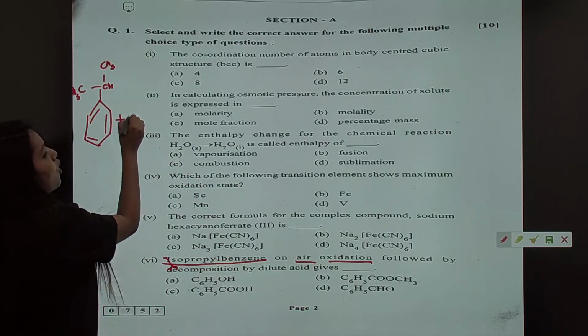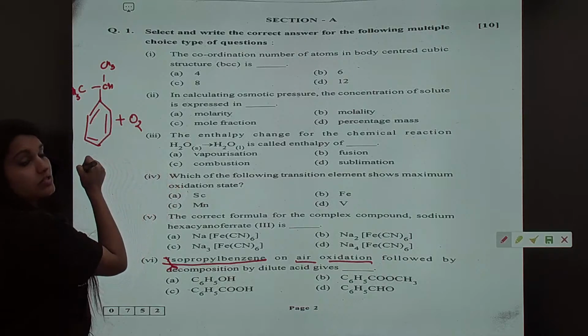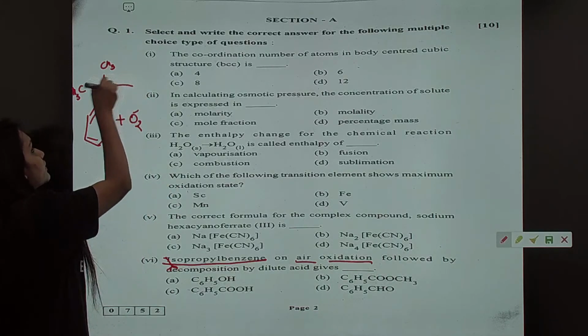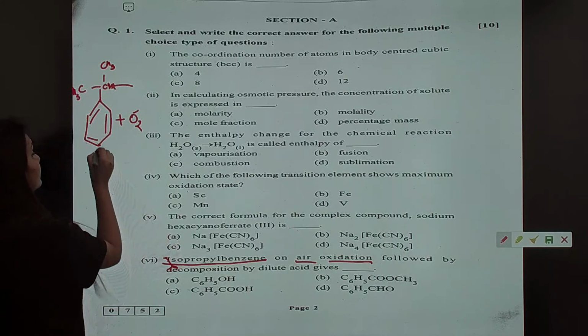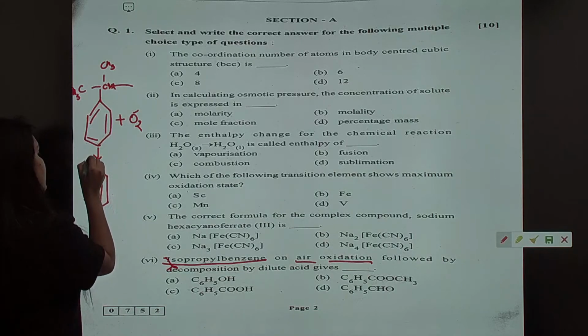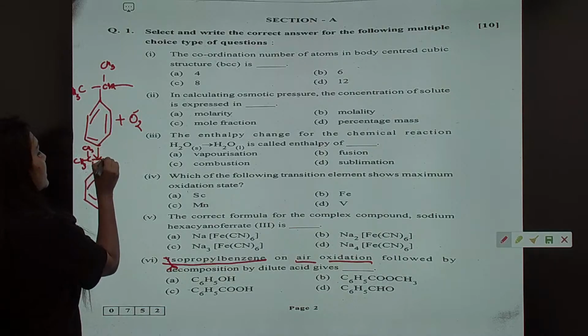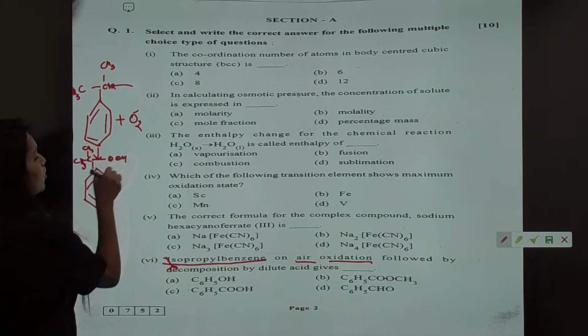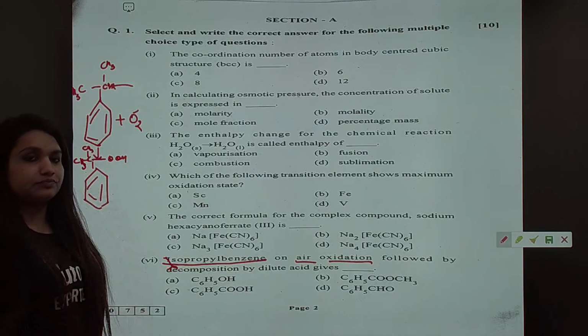So I'm going to add oxygen here. The moment I add oxygen here, it is going to connect with this CH and it will convert this into a compound having CH3, and here I will have OOH because oxidation has taken place, right?